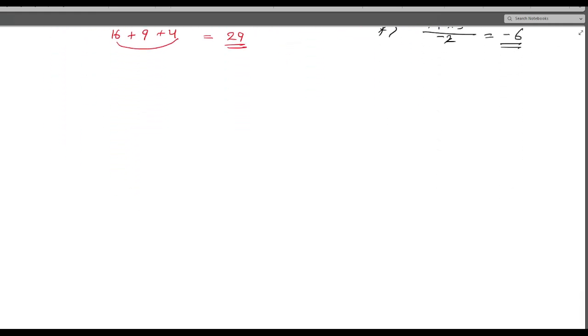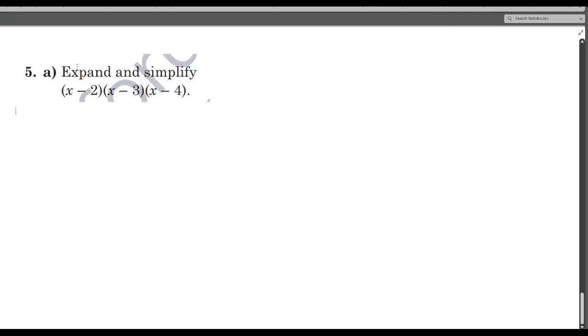Now let us move to question number 5. You have to expand and simplify. There are three factors which I have to expand and simplify. So I will first do the expansion of the first two factors.